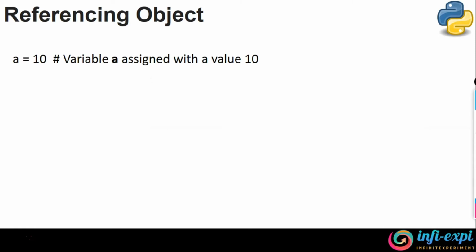Now, how do we understand the referencing of objects in Python? We declare a variable called a, and assign a value of 10 to it. Once this statement is given to the Python interpreter for execution, the interpreter applies a two-stage process.